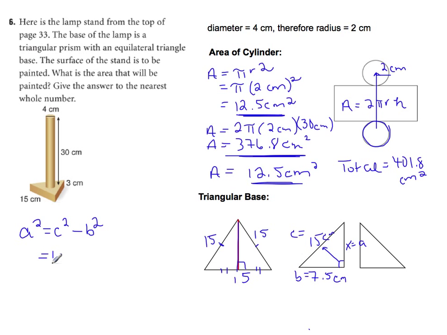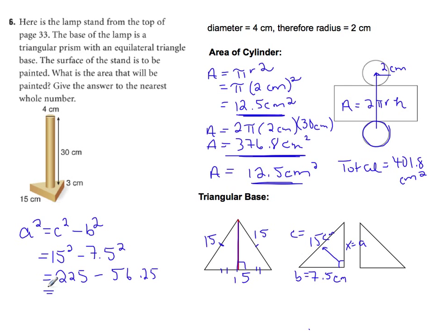And I have 15 squared minus 7.5 squared. Again, I'm going to show all of my work. So I get 225, which is 15 squared. 7.5 times 7.5, I get 56.25.